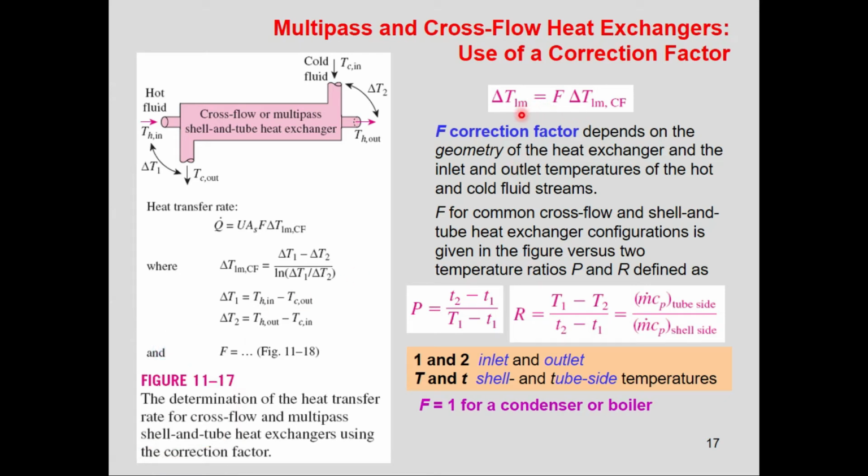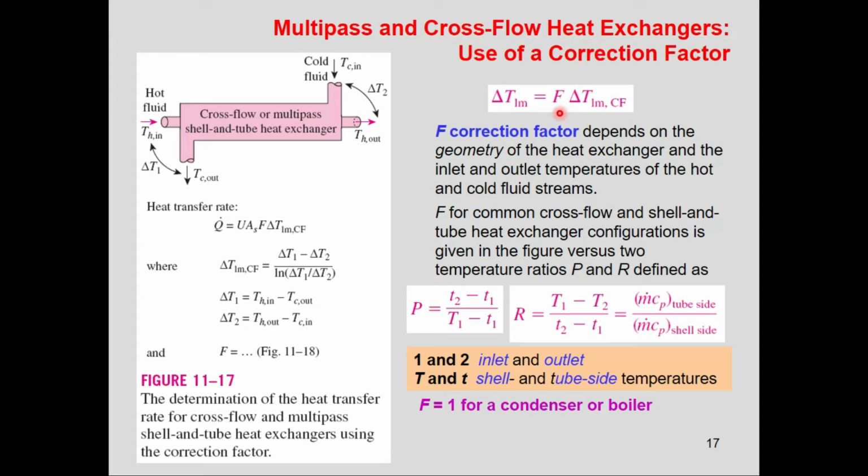So this is the log mean temperature difference for the counterflow. And when we have to use this delta T Lm for different configurations, such as the multipass and cross flow heat exchangers, we have to use the correction factor F.